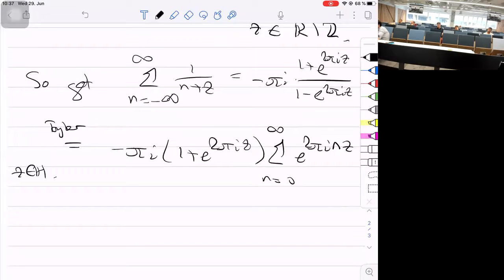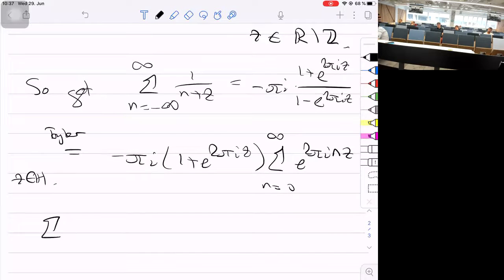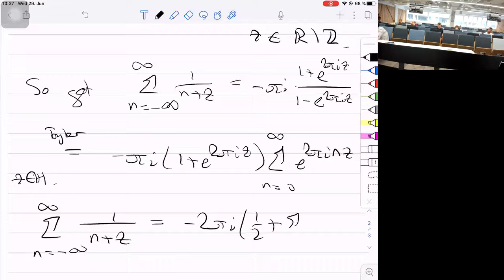And so after a little bit of rewriting, we've got that the sum from n equals minus infinity to infinity of 1 over (n plus z) is the following.